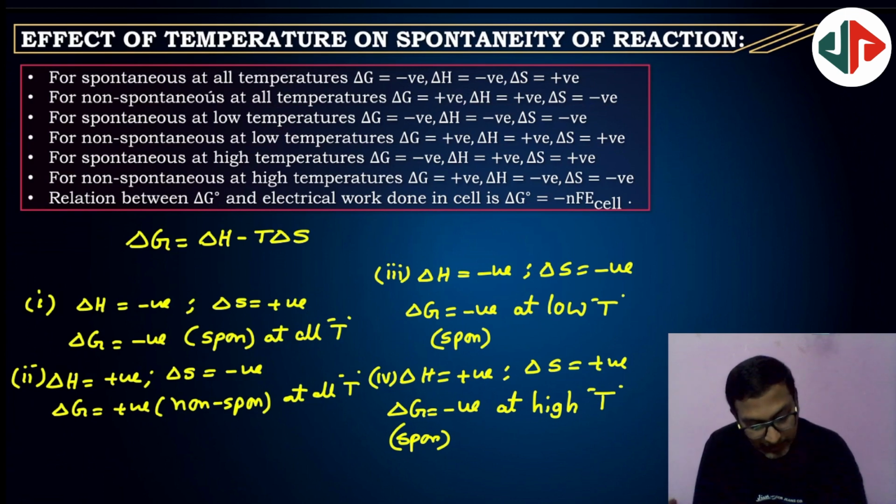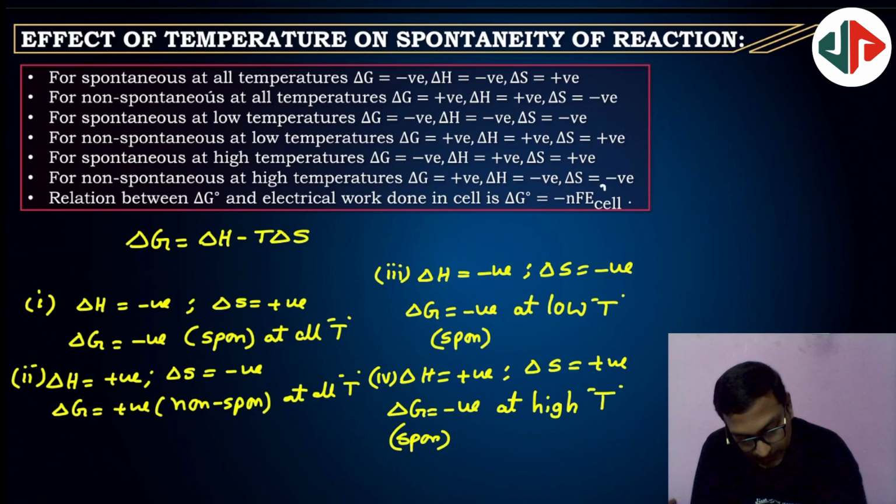Non-spontaneous at low temperatures means both should be positive. Next, spontaneous at high temperature: delta H and delta S both are positive. Next, non-spontaneous at high temperatures: both negative.